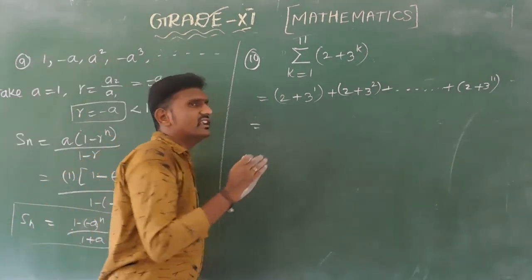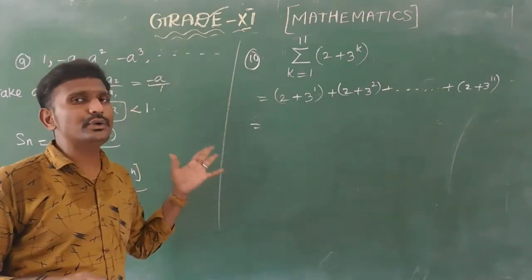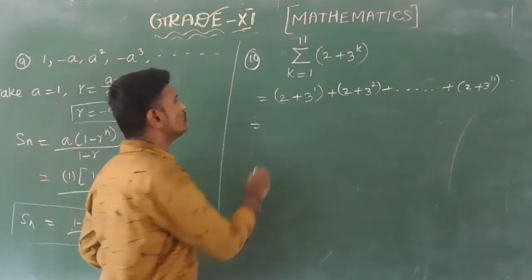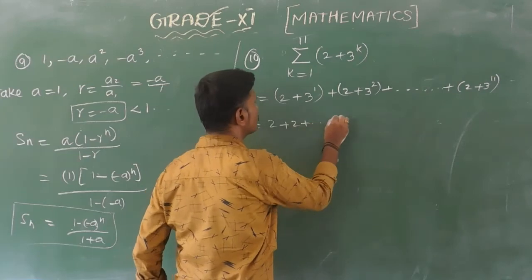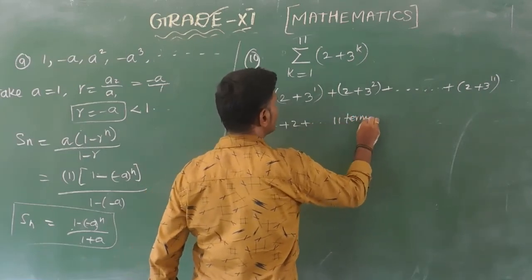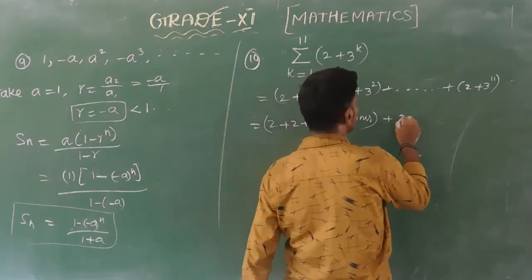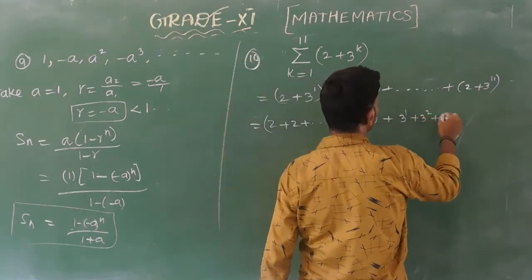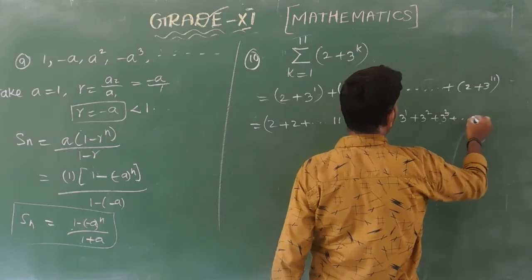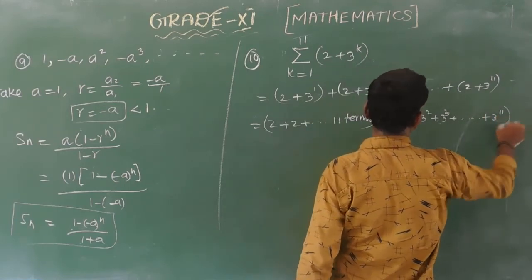Now I am taking the terms of 2 and the powers of 3. So 2 plus 2 up to how many terms? 11 terms. And plus 3 power 1 plus 3 power 2 plus 3 power 3 up to 3 power 11.